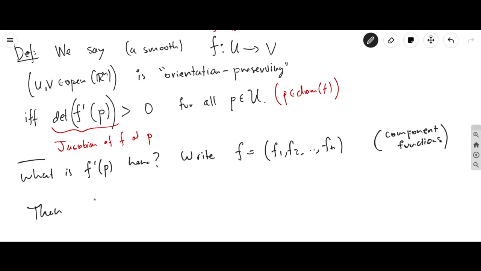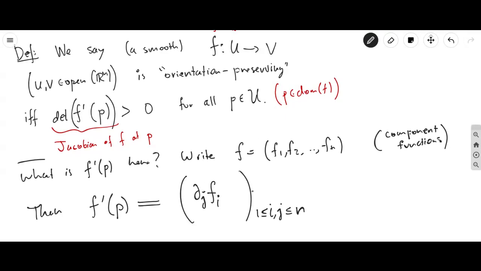And then the derivative at p, that would be a matrix. So the convention is often that i represents the row, j represents the column, that you will take the ith component function and you would take the jth partial and you will evaluate that at p.